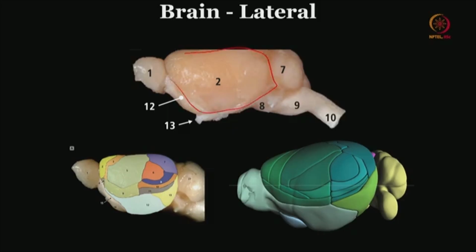As I said, this is the cerebral isocortex, this is the cerebellar part of the brain, that is the olfactory tubercle, which is important for olfaction, that forms the brain stem, and that is the part of the midbrain that is seen, and then that forms the spinal cord there. So, broadly, this is how the rodent brain looks, and these are the major divisions of the rodent brain.